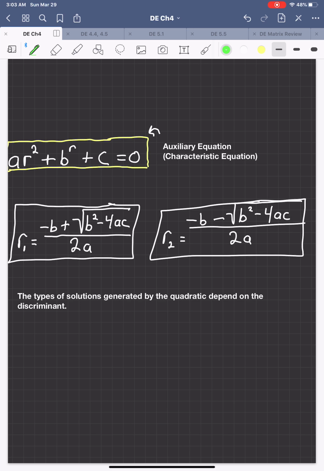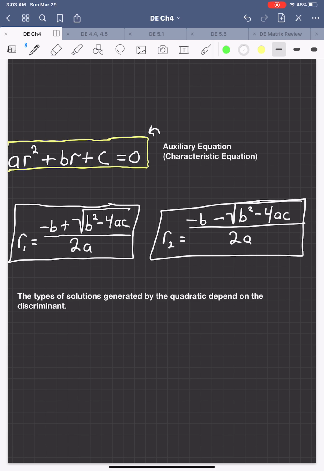Now clearly, when you have a quadratic equation like ar squared plus b times r plus c, let me try to write that a little bit better.